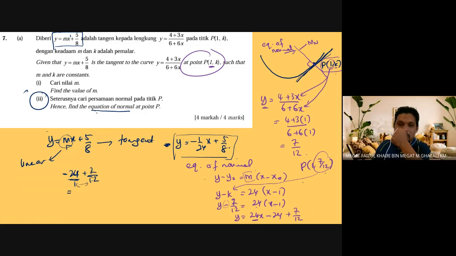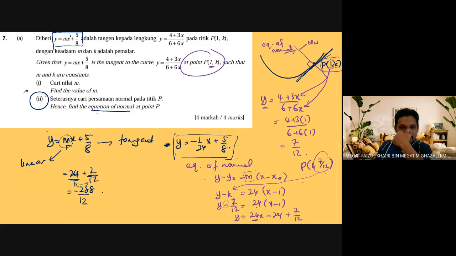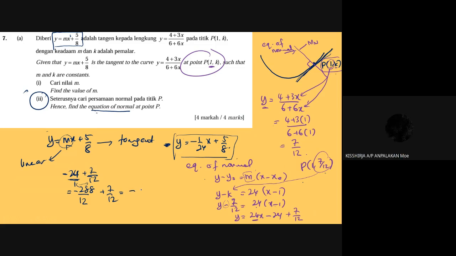So 1 times 12 is 12, which means that negative 24, we must also times with 12. Negative 24 times 12 is 288. Negative 288 plus 7 is negative 281, so negative 281 divided by 12.